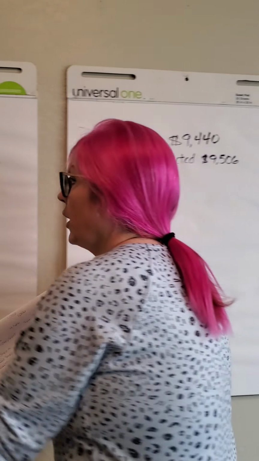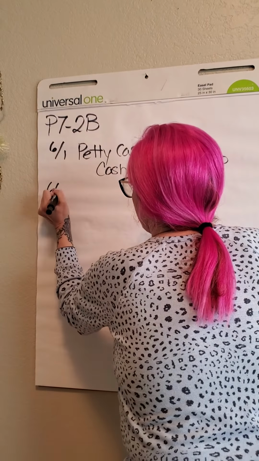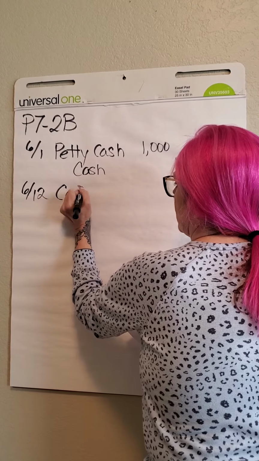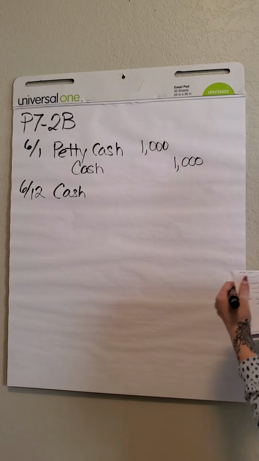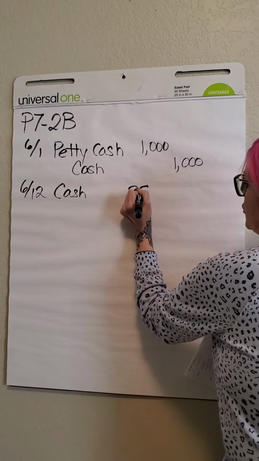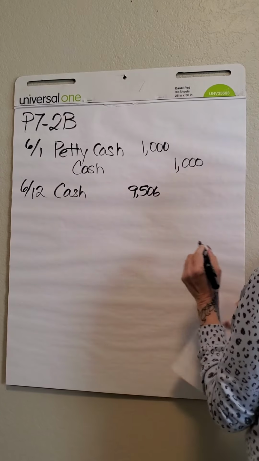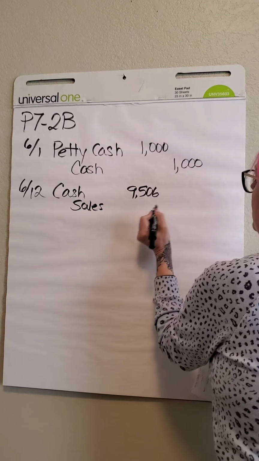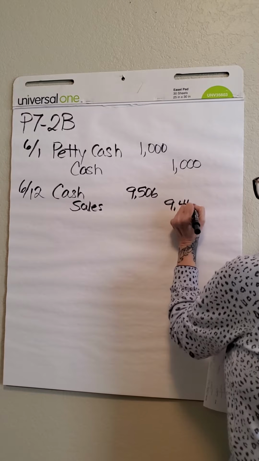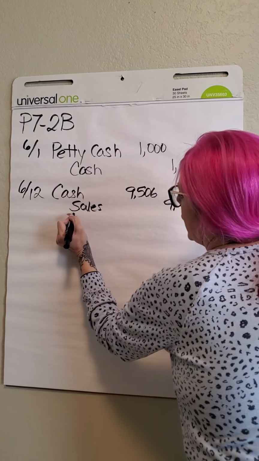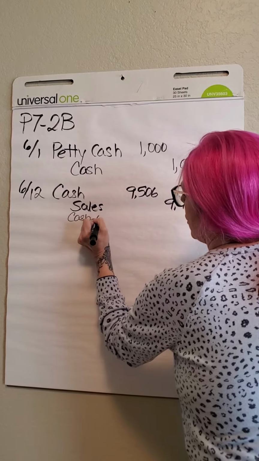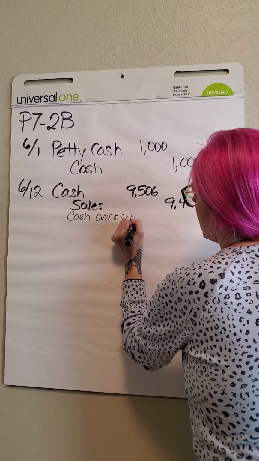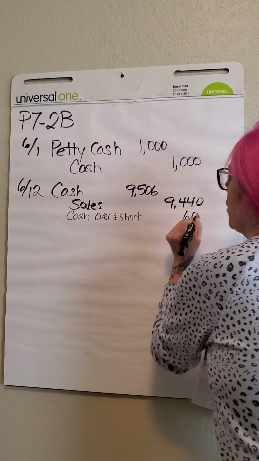So on June 12th, here is our journal entry. We want to record the cash that we received for the full $9,506, so we debit that account. We credit sales for the actual amount of sales of $9,440, and then we credit cash over and short for the $66 difference.